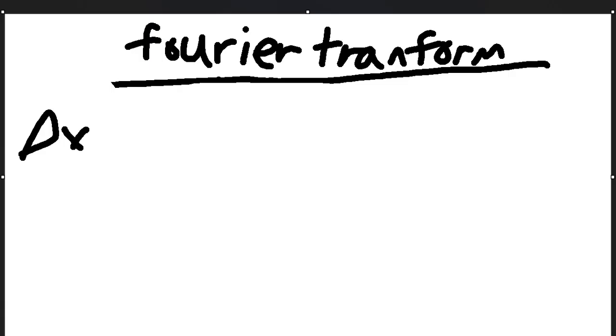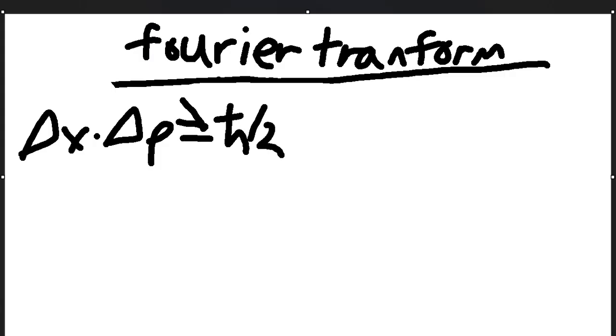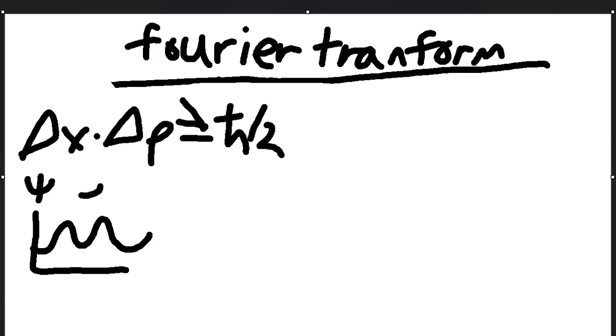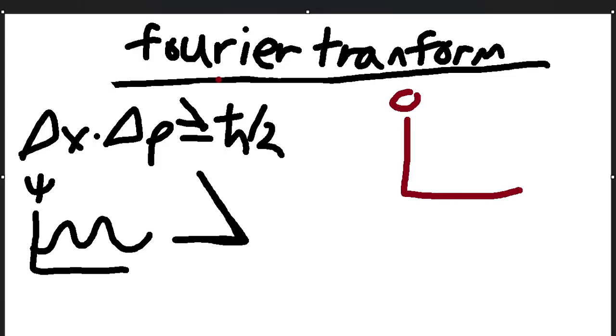Because remember, delta x times delta p is greater than or equal to h bar over 2. And you might also remember that we can represent quantum particles as waves. Well, we can actually combine these ideas into one. Let's say that we have a certain wave, which we will call phi.